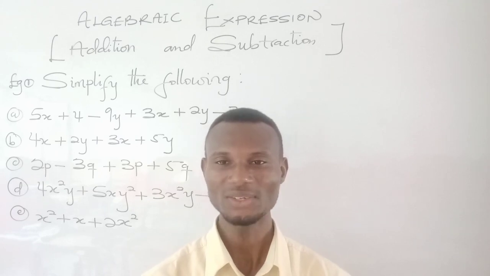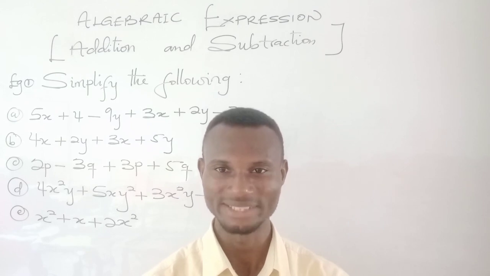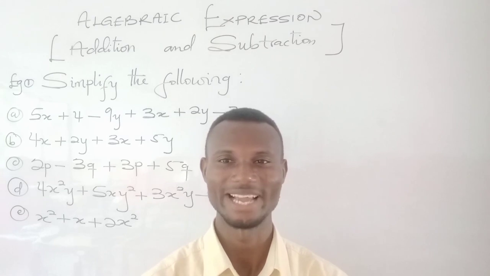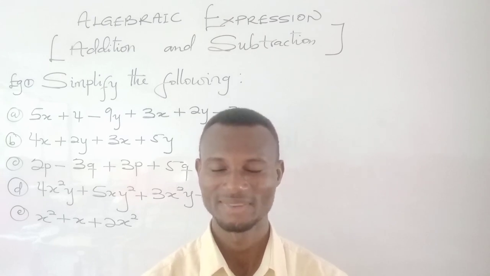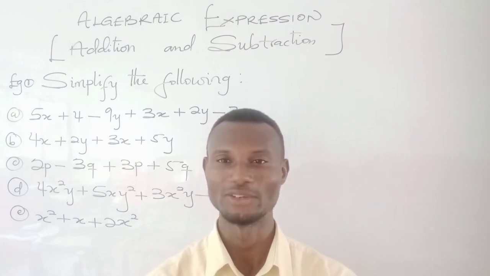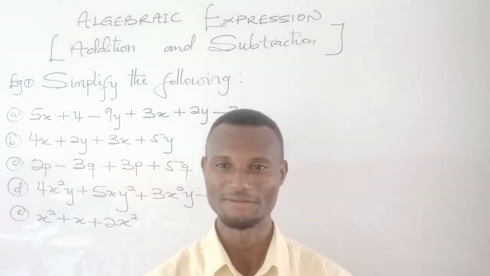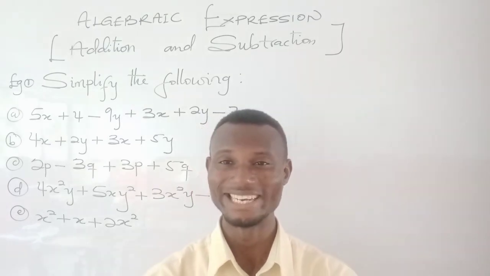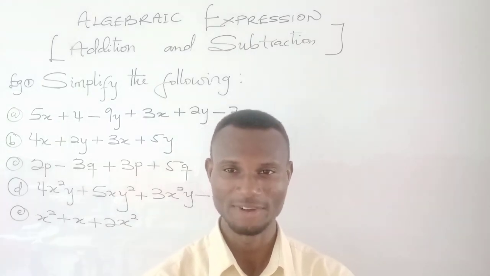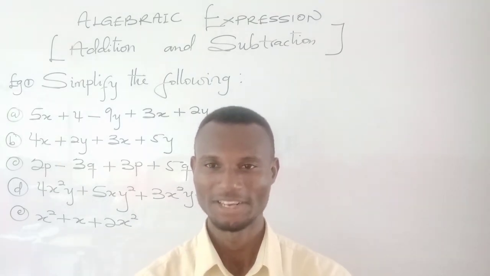Now you can all agree with me that we can add numbers, we can subtract numbers, we can multiply numbers, and we can also divide numbers. In the same way we can add variables, we can subtract variables, we can multiply variables, and we can also divide variables.